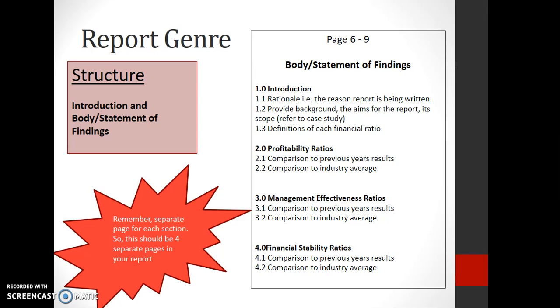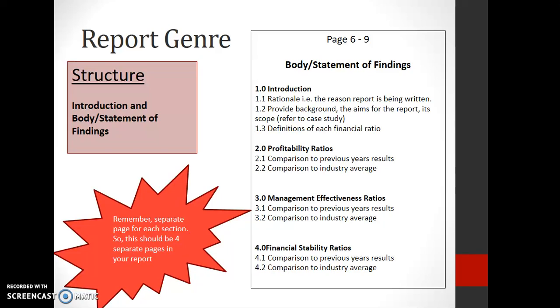So the body would be the biggest part of your report. You can see at the top that these sections would be spread out between pages 6 to 9. So the introduction would be on page 6. My discussions about the profitability ratios would be on page 7. My discussions about the management effectiveness ratios would be on page 8.